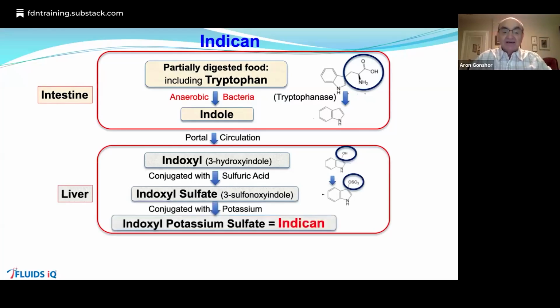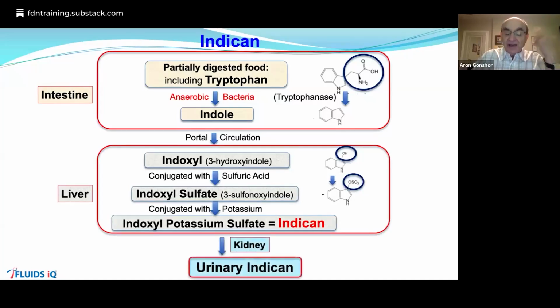And then finally, it gets conjugated with potassium. And that's what indican is. Indican is actually indoxyl potassium sulfate. And indican will then eventually go into the circulation, get taken by the kidney, and ends up in the urine as a measure of urinary indican.